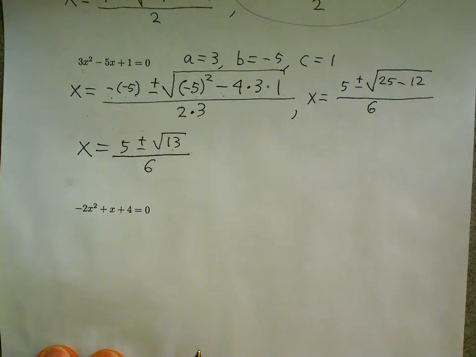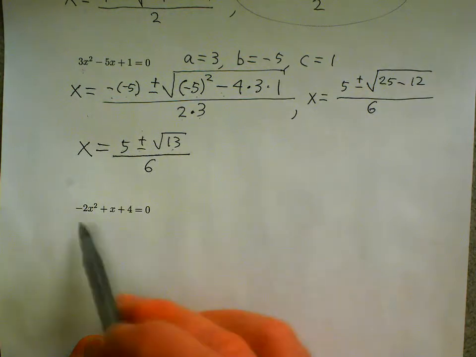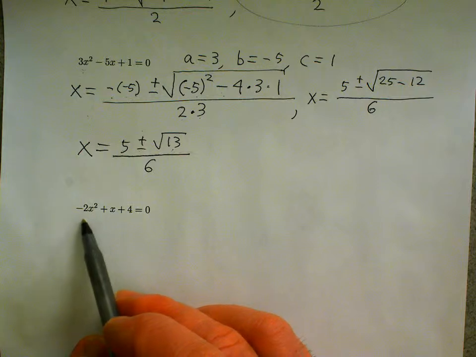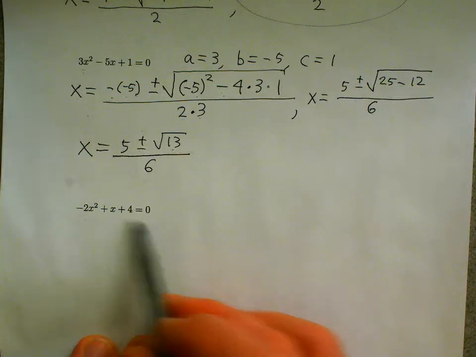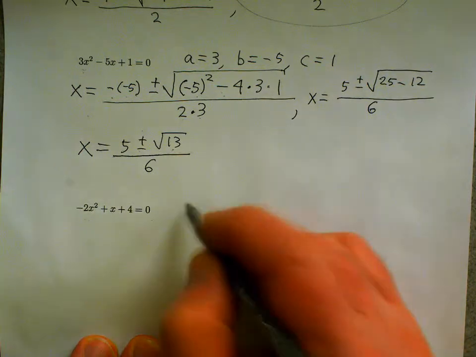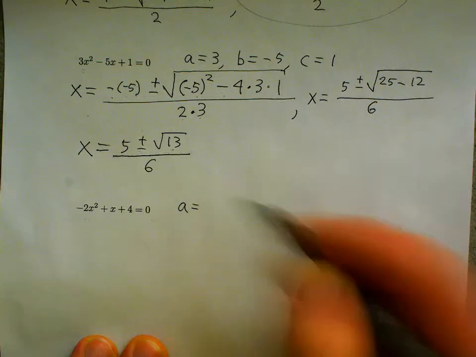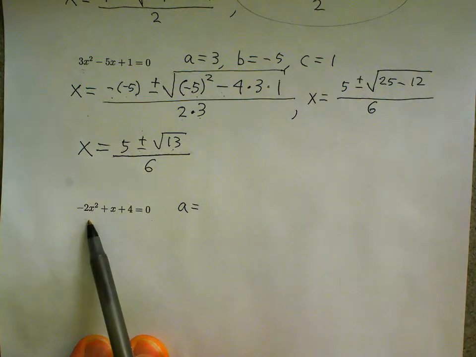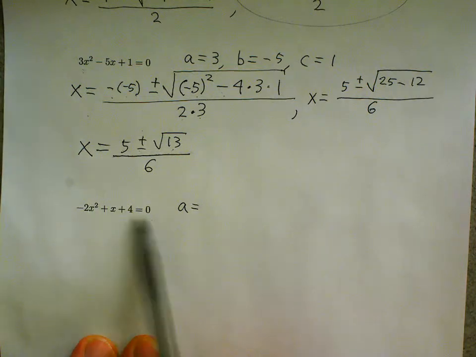Negative 2x squared plus x plus 4 equals 0. So if we use the quadratic formula, note that it's in standard form.